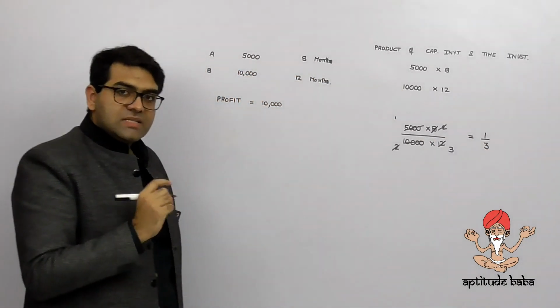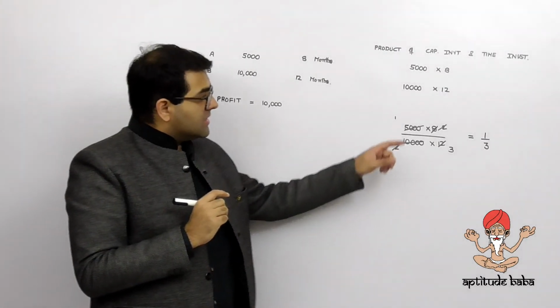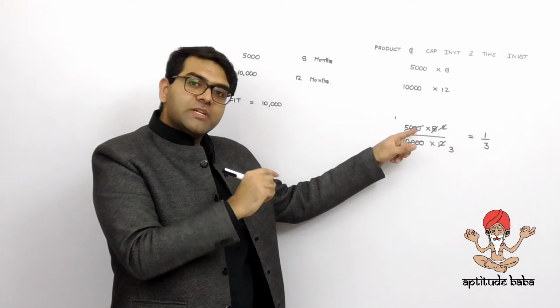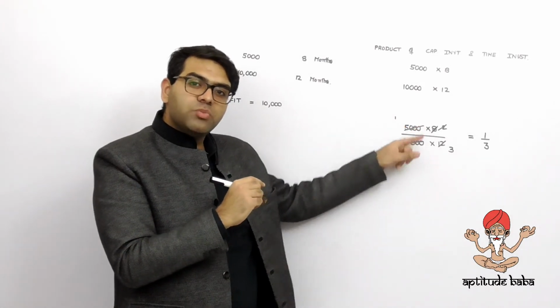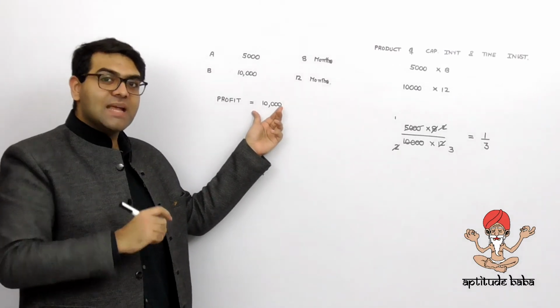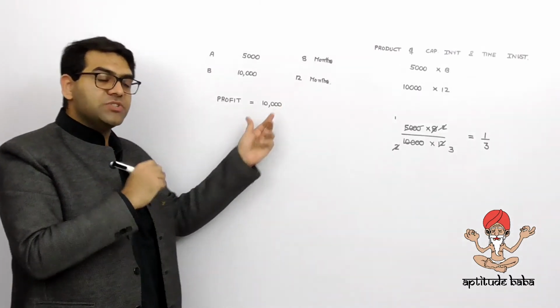Now since the ratio of the product of capital investment and time investment is turning out to be 1:3, I take this profit of 10,000 rupees and I divide it in the ratio 1:3.